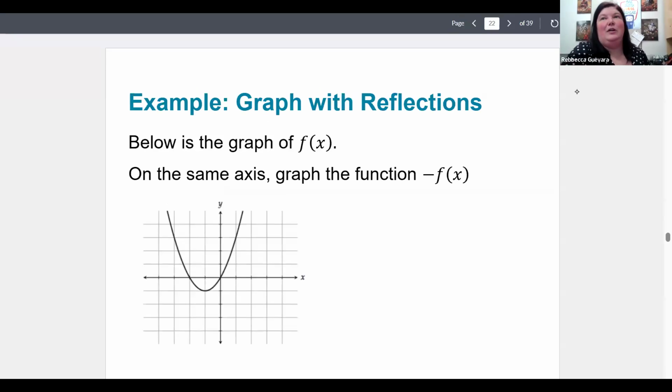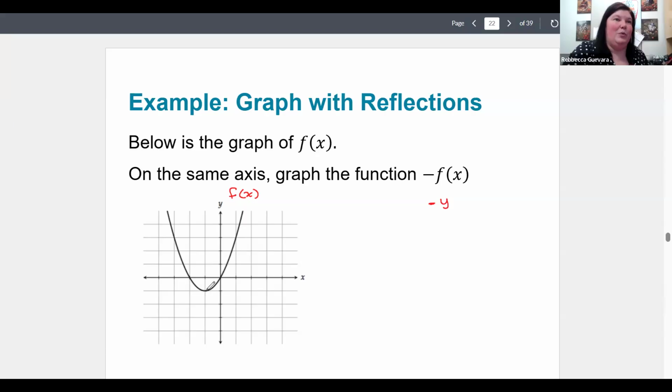All right, going back to this graph again, this is my f of x, but I want to have the graph of negative f of x. Remember, this is just y, so I'm saying I want negative y.